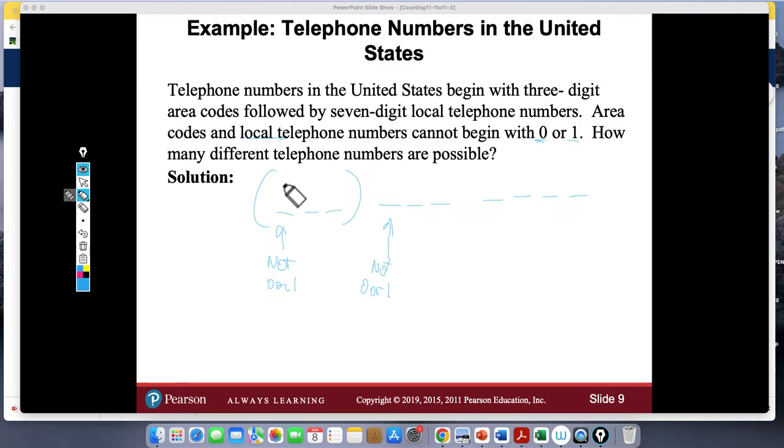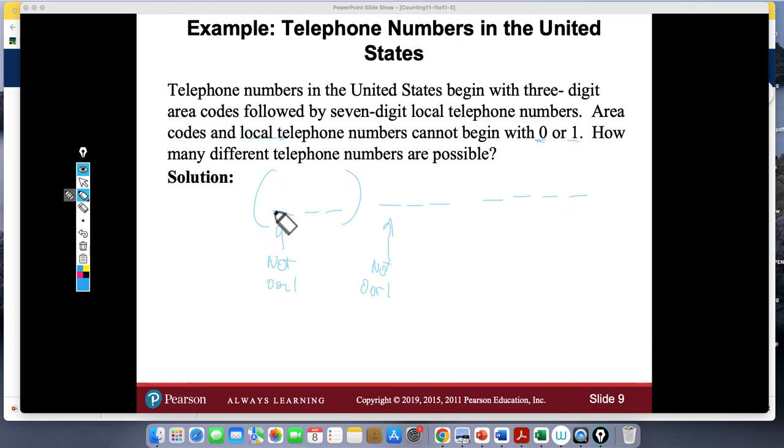So those are special codes. So how many choices of digits do we have for the first part of the area code? 2 to 9, which is how many?